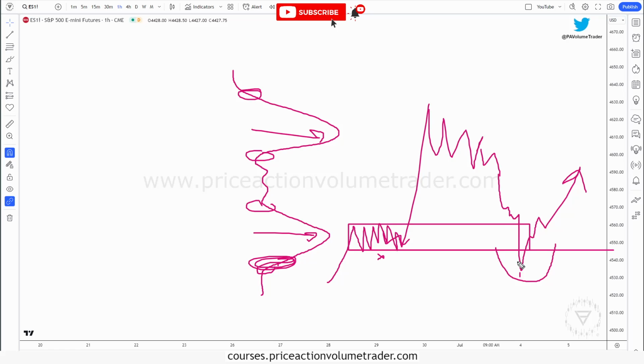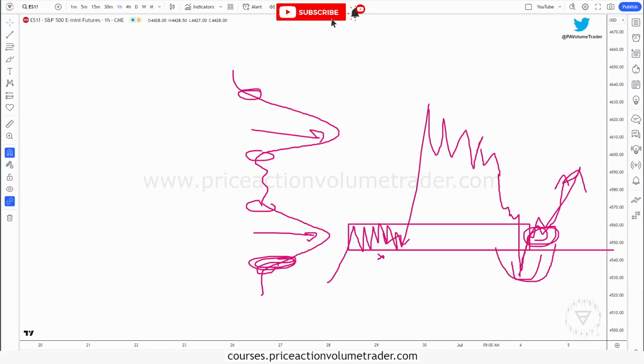So when this goes on and then we reclaim, this is a really nice area for me to get long, because thanks to this spike down, now I have a very clear point of where to put my invalidation. Because if we spike lower and reclaim and then come back down again, then I do think there's a very good chance we're just going to break lower from here.